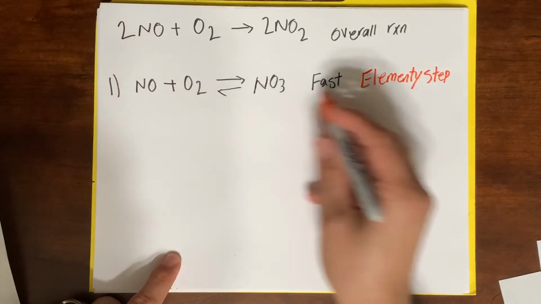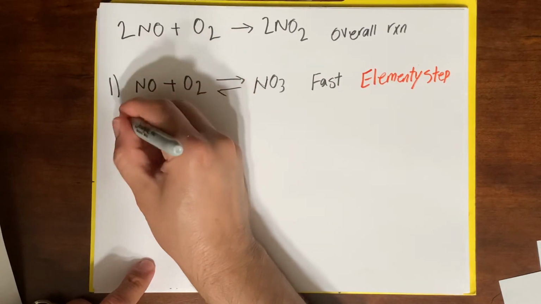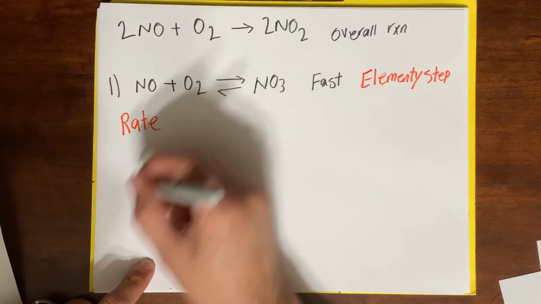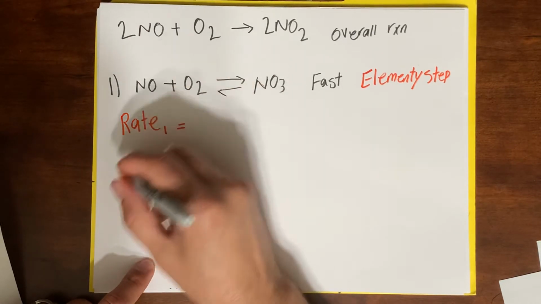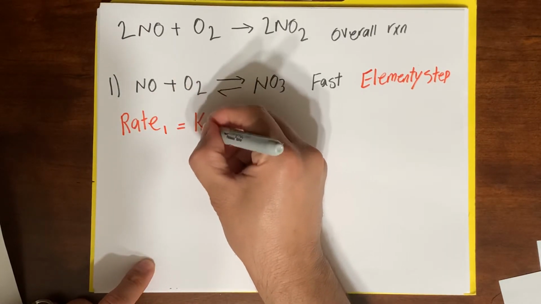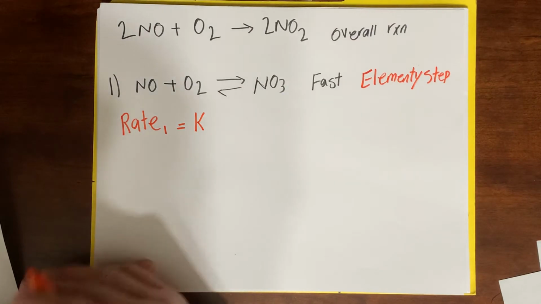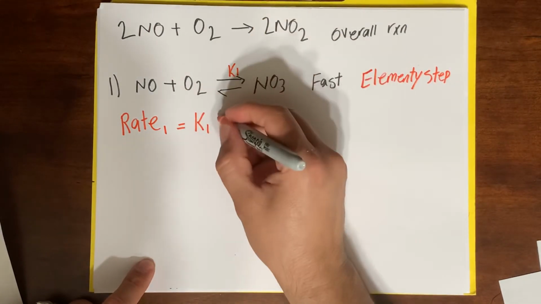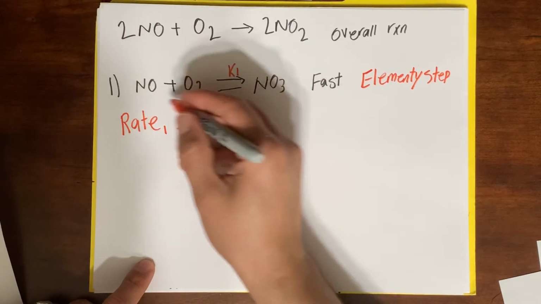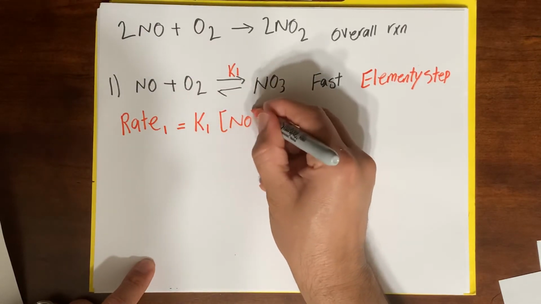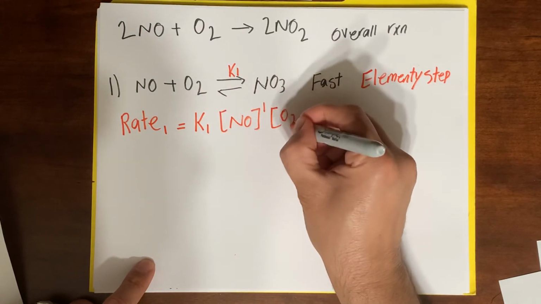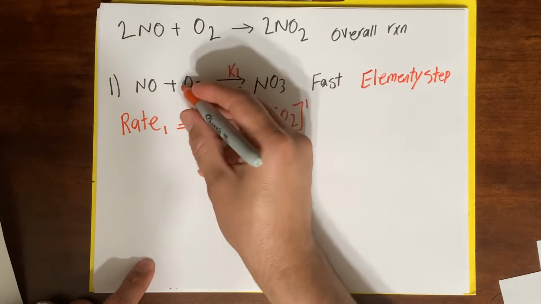Okay. If you know them, then you say here, rate for this reaction is gonna be equal to K multiply NO. I see only 1, and then I see O2 only 1.